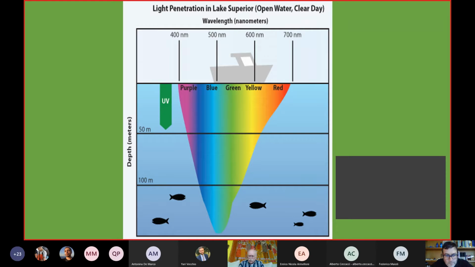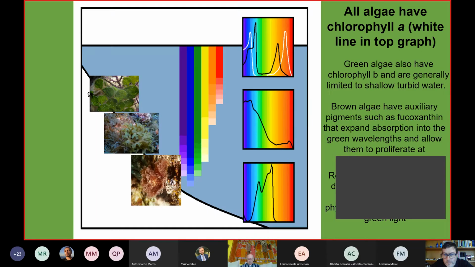And you see the importance of it for the consideration of what algae we want to culture in a particular environment.